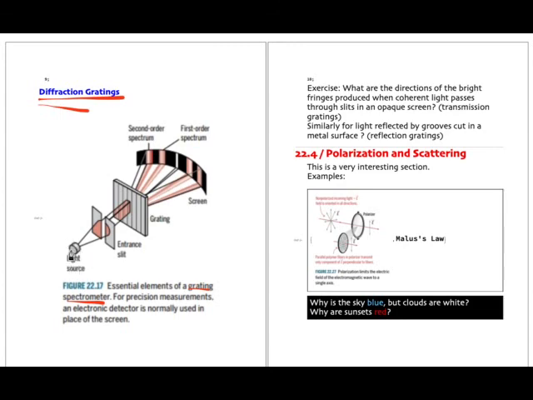The light source, let's say it's a high intensity hydrogen gas at high temperature, that will produce different wavelengths of light. So the light itself might look sort of white, but it's a mixture of colors, and you want to separate the colors. Well, going through the grating, different colors, different wavelengths are separated in terms of their bright fringes by angle.